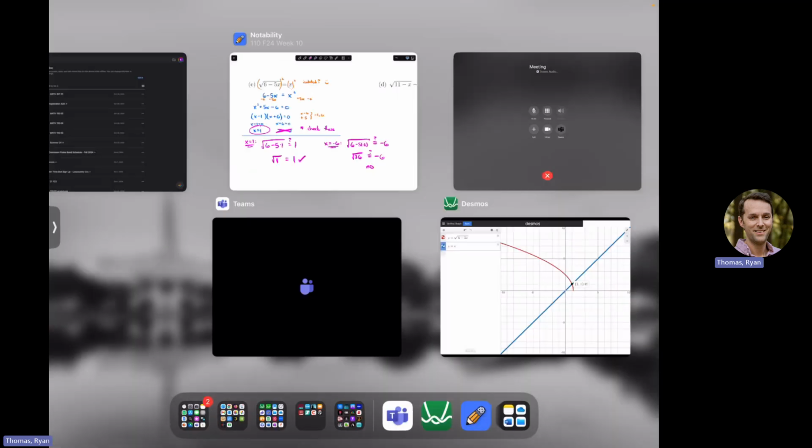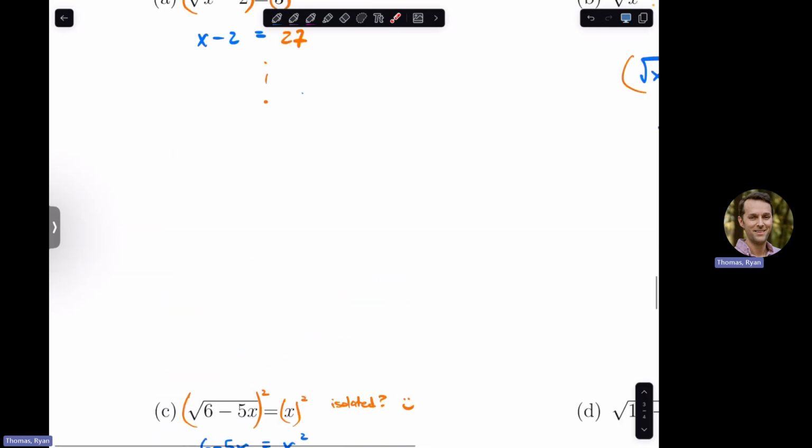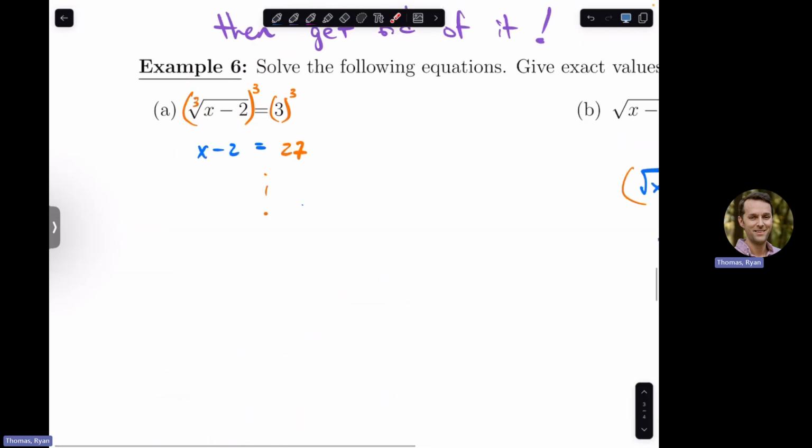So what we have to check for is the solutions that we get here, and this is going to be particularly important when we take a square root and end up with a quadratic or something where there's more going on, right? It's not really an issue here because I'm just squaring a number. That's a well-defined thing.